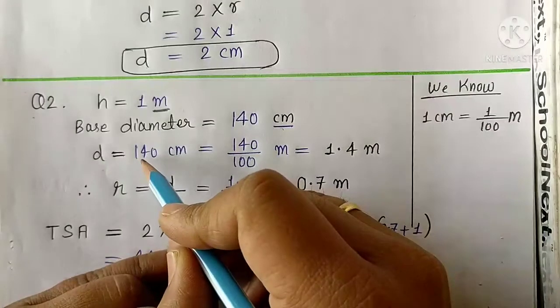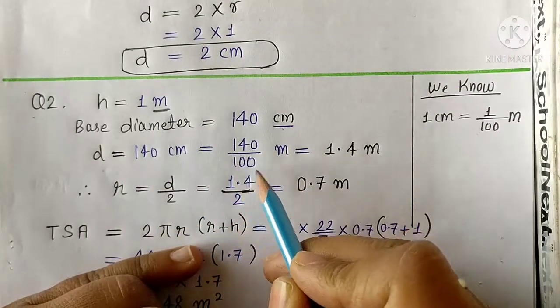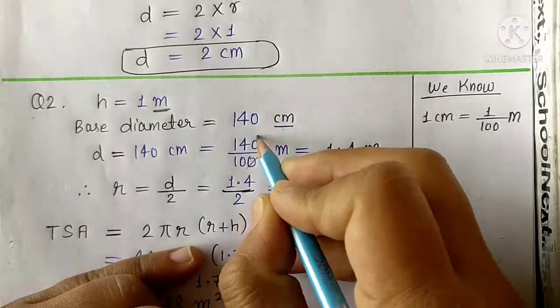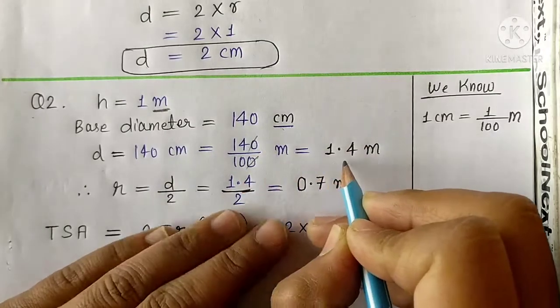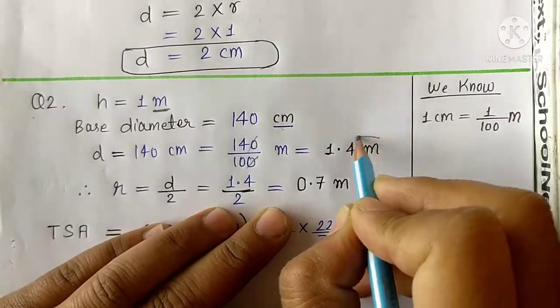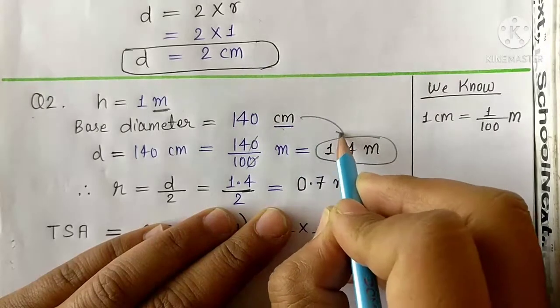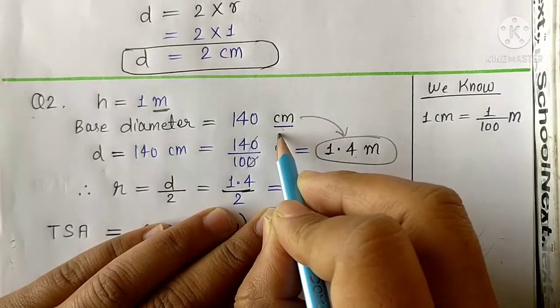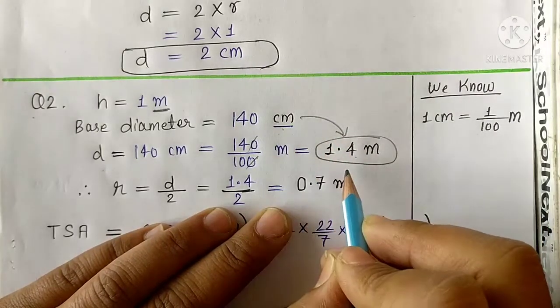So 140 centimeter equals 140 upon 100 meter. Dividing, 14 divided by 10 comes 1.4 meter. So we have converted the diameter into meter.